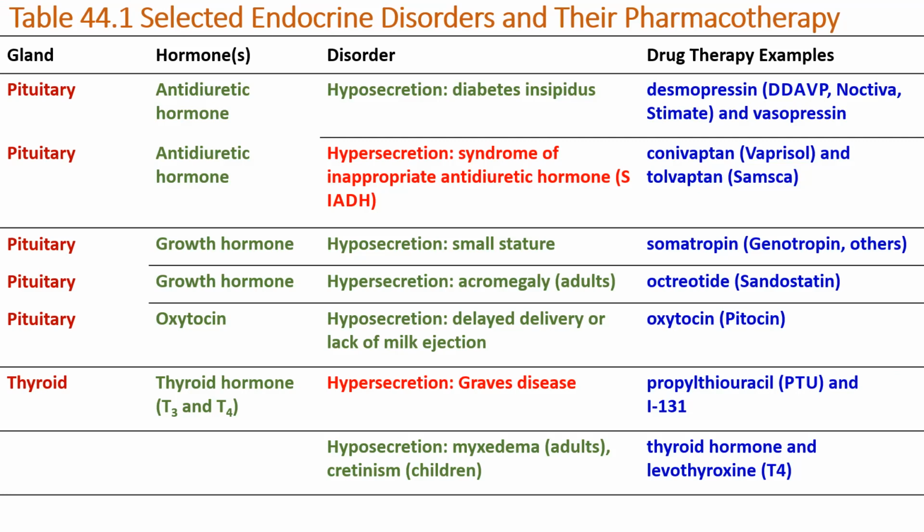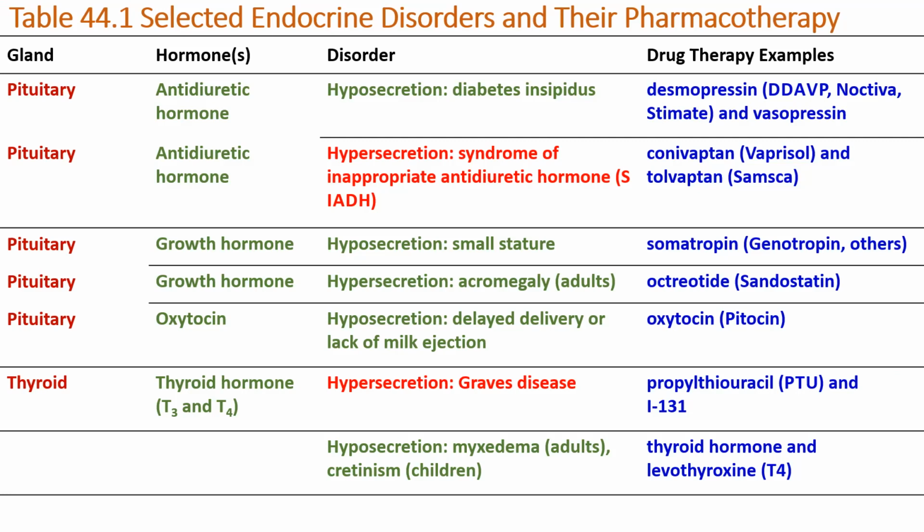Hypersecretion of the growth hormone, which has resulted in acromegaly or gigantism, will be treated with octreotide, Sandostatin. Octreotide has off-label uses other than treating patients with acromegaly or with increased growth hormone production, acromegaly or gigantism.